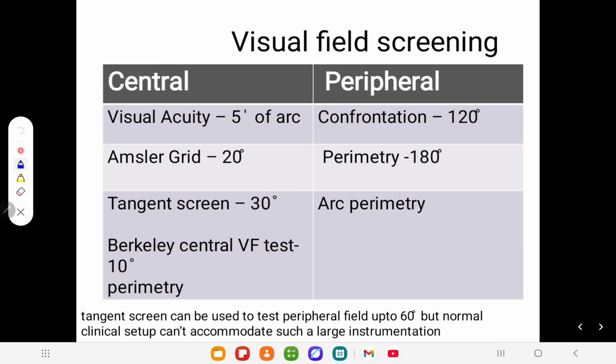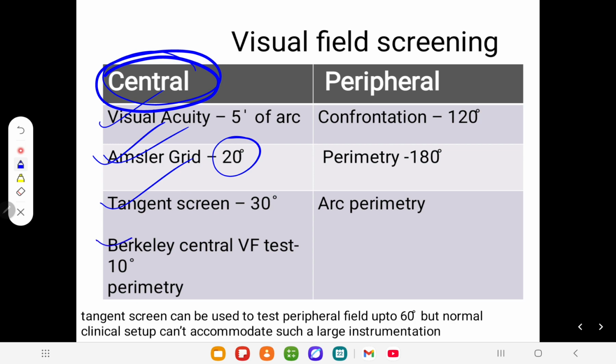So, visual field screening, central and periphery. What is central and what is periphery? In the case of central visual field screening, we talk about visual acuity. Yes, it's very simple, but definitely the Amsler grid with its 20 degrees of visual field, and the tangent screen can also be used for central visual field testing.